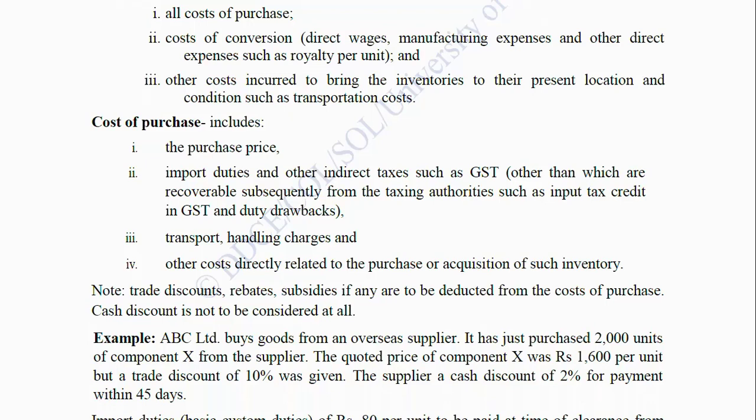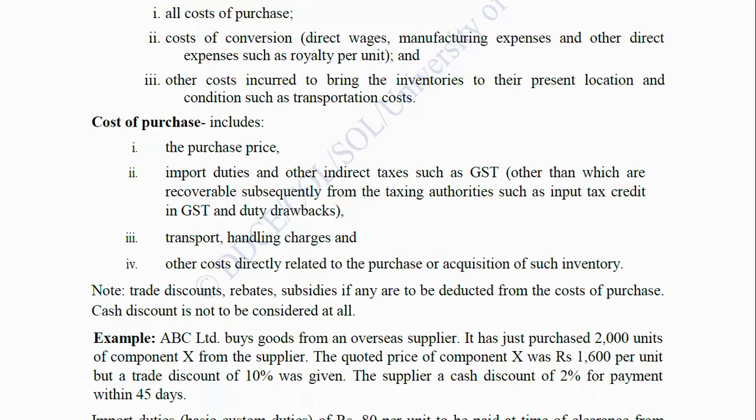Example: ABC Limited buys goods from an overseas supplier. It has just purchased 2000 units of component X from the supplier. The quoted price for component X was rupees 1600 per unit, but a trade discount of 10% was given.